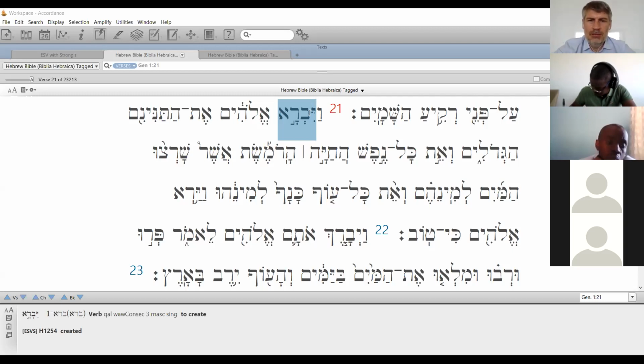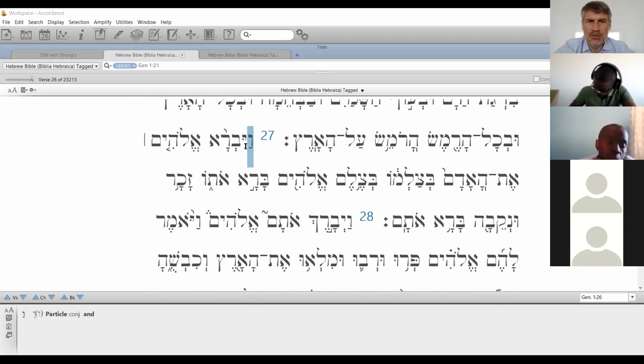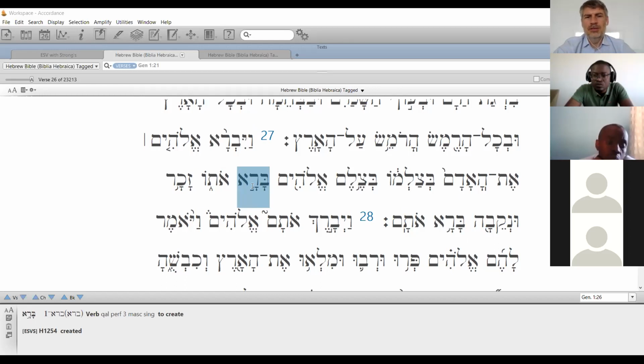And of course, when we come to verse 27, you can see that this verb bara occurs 3 times. Bara, bara, and bara. And it shows that it was again a new stage of creation. So it means that when God created man, he was completely different from all other creatures that had been created before.